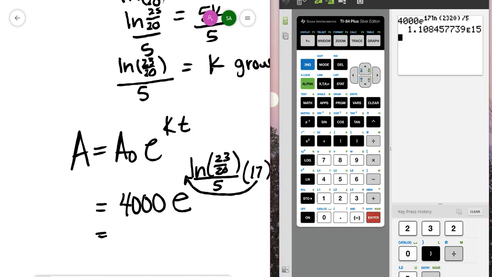So we have 1.1084 times 10 to the 15th. So that means we've got to move that decimal place 15 places to the right.